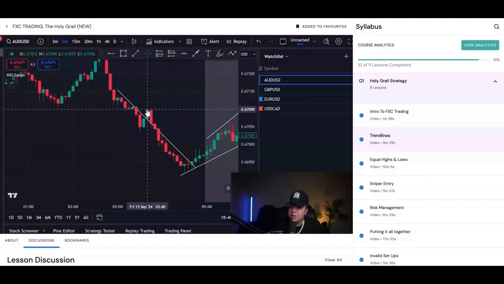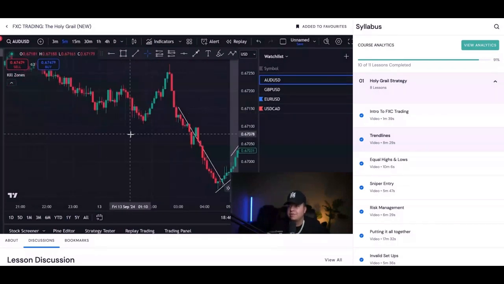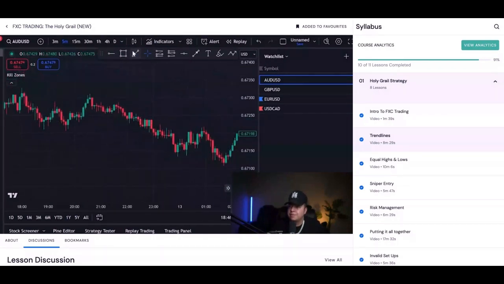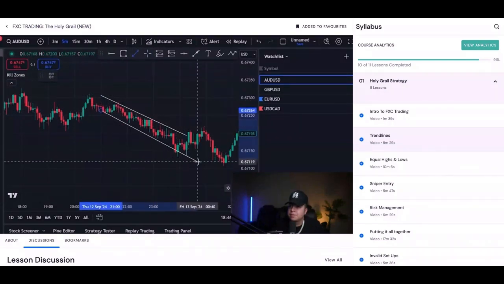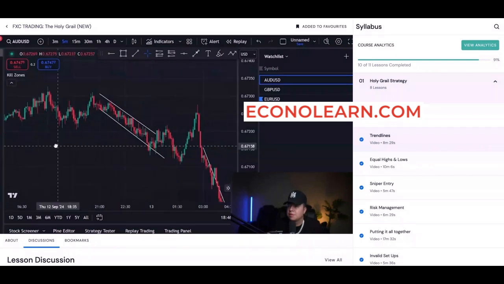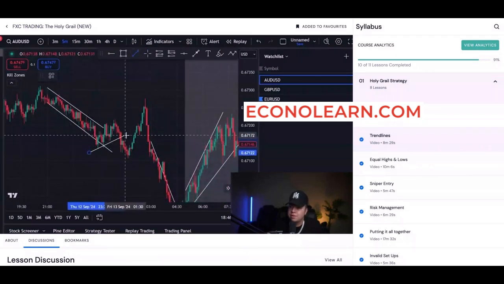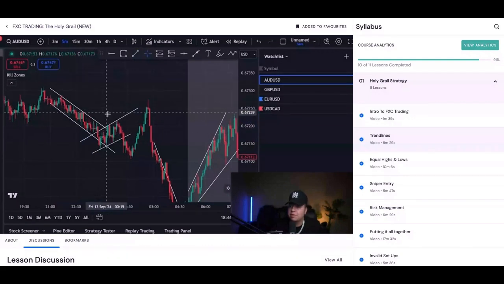All right, you see how this one came through and then came back in, but we got more taps if the line is right here. So there's just a whole bunch of trends everywhere. It don't even have to be all perfect. You just got to know that there's a trend right there.